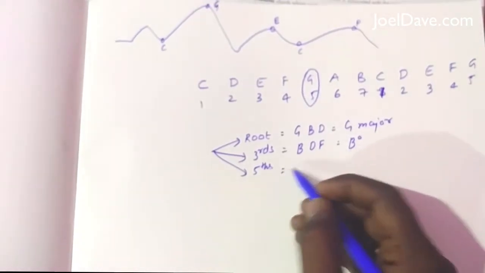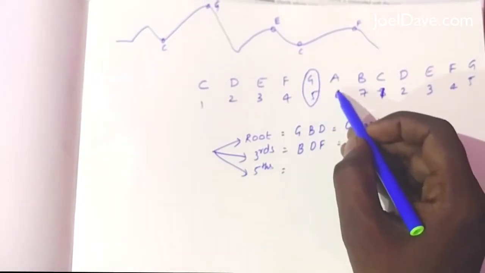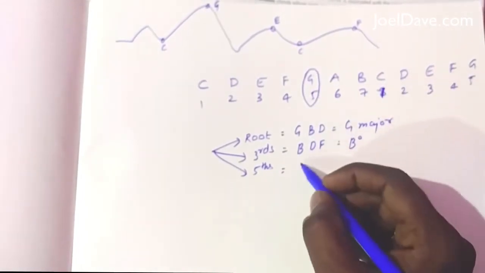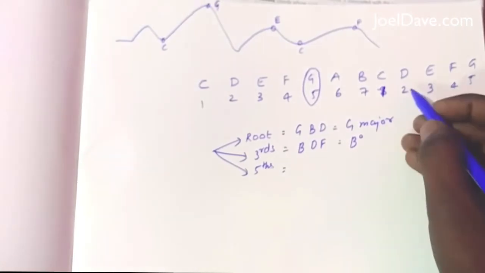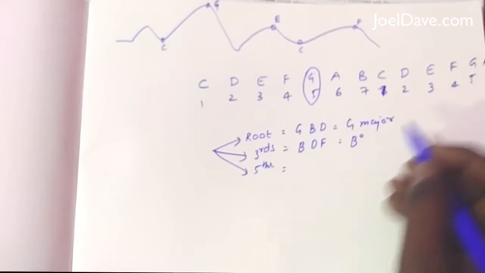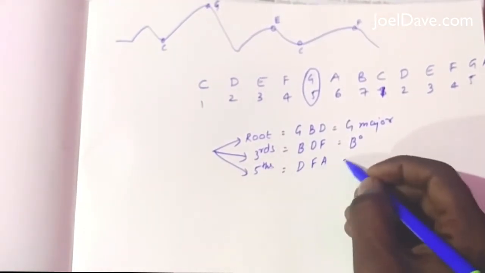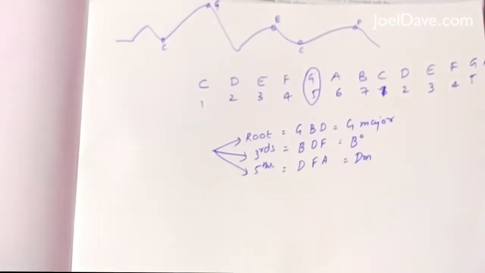Or the last way to approach this is to go to the fifth of that. So that's 1, 2, 3, 4, 5. So that would be D, F, A. That would be a D minor.